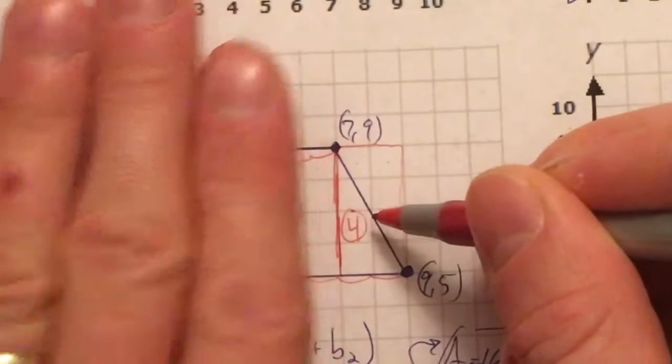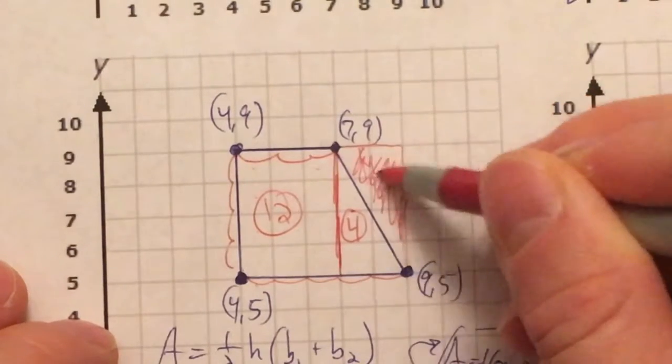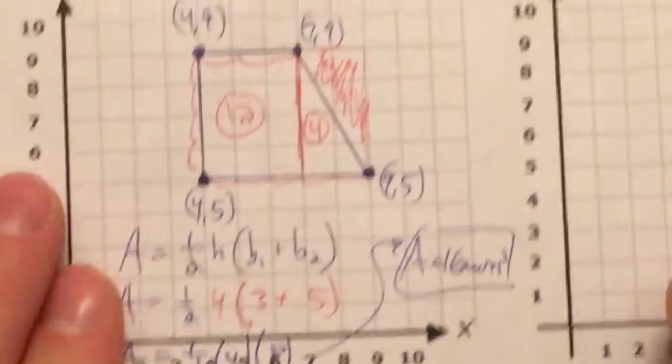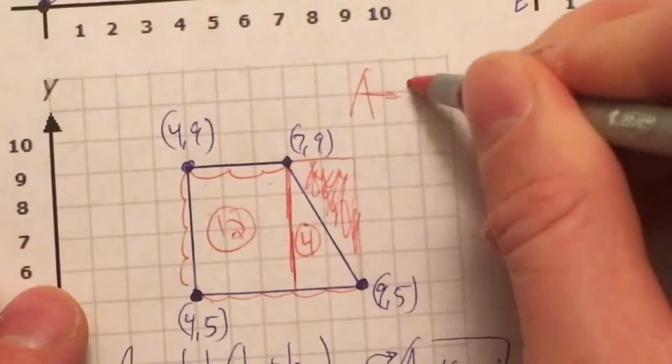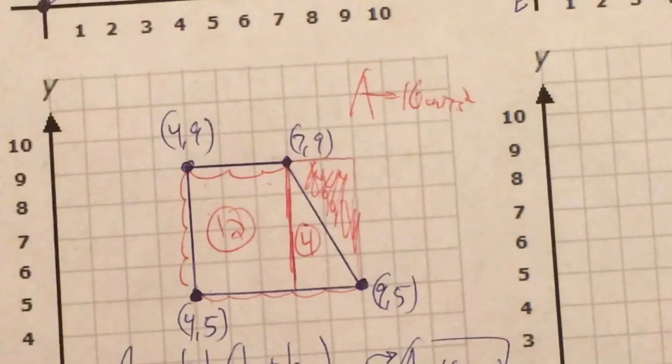Half of that 8 is 4, so get rid of this, we don't need that anymore. This 4 plus that 12 is 16, so it's just another way to get 16 square units. You'd say the area is equal to 16 square units, you know, either way you do it. Okay.